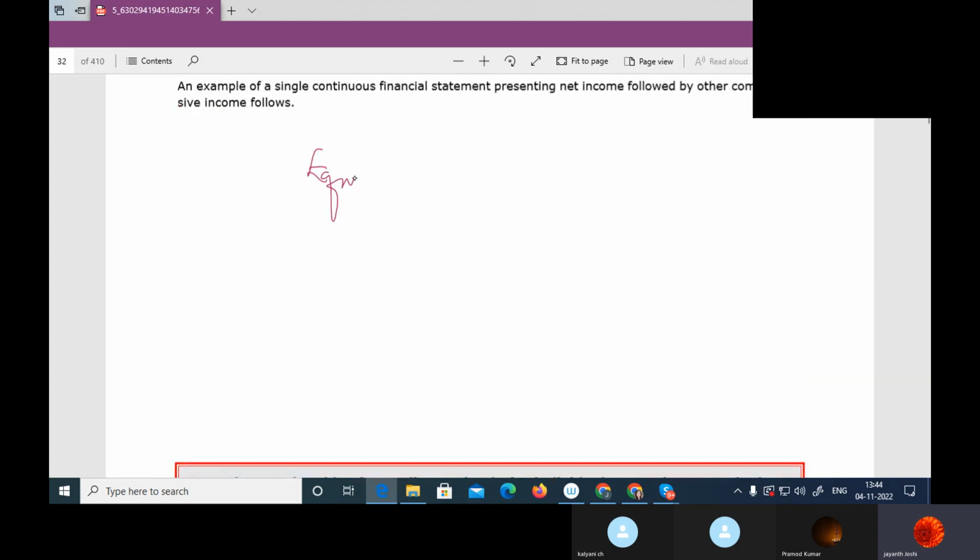Out of curiosity, see what happens. This is your equity. Equity has many things like share capital, share premium, and retained earnings. Revaluation gain is not there because you find that only in IFRS, not in US GAAP. Then some reserves you will see. These are all part of equity, correct?